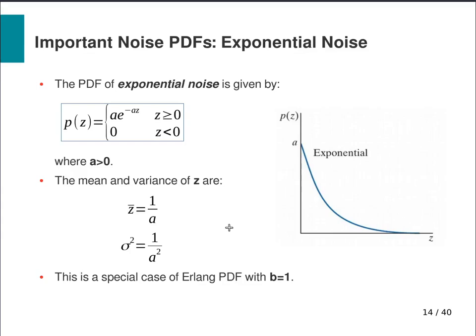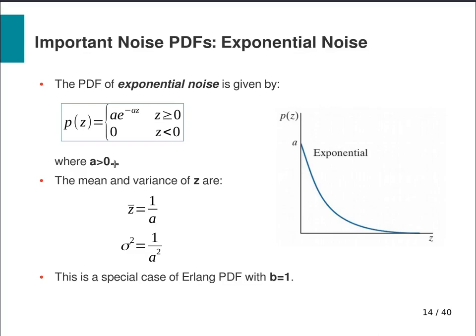The PDF for the exponential noise is given by this equation. P of z equals 0 for z less than 0, and a e to the negative az for z greater than or equal to 0.